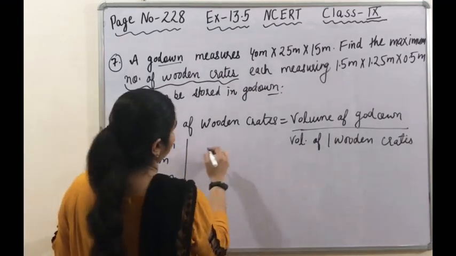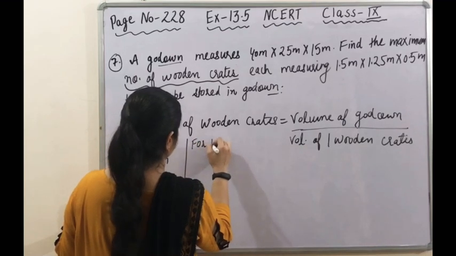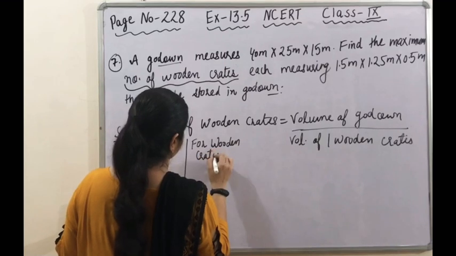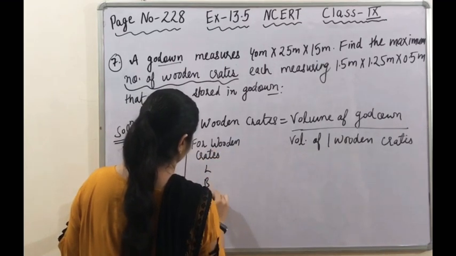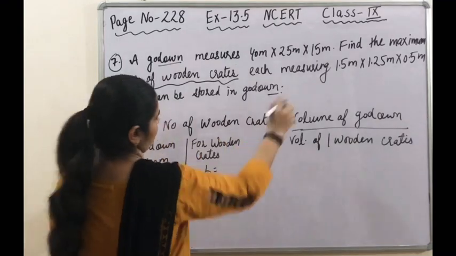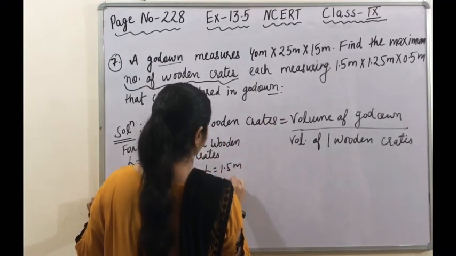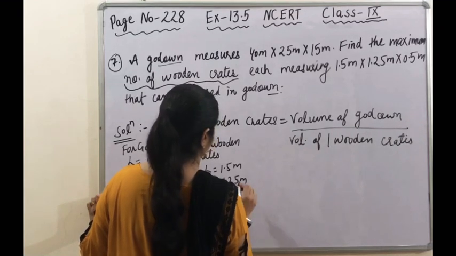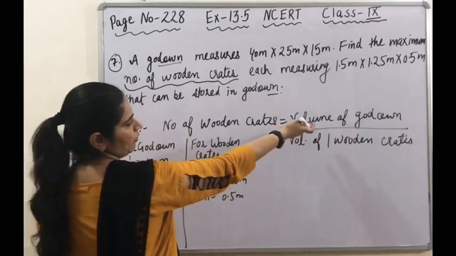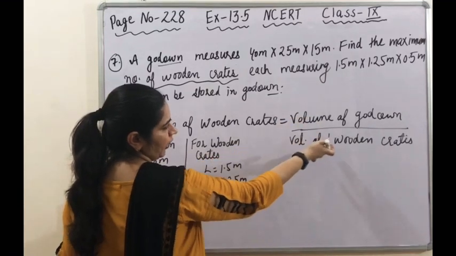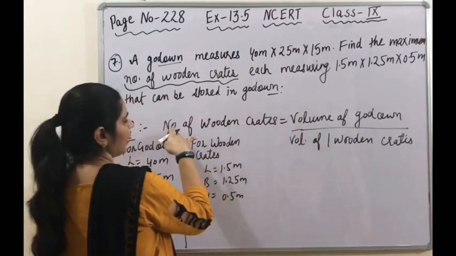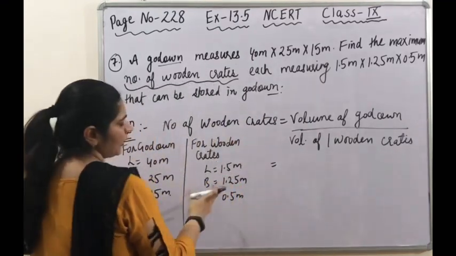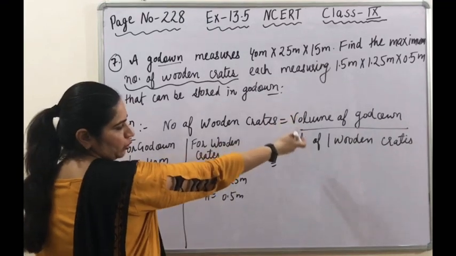And for the wooden crate, dimensions are given: 1.5 meter, 1.25 meter and 0.5 meter. We'll simply divide the volume of the godown by the volume of one wooden crate, and we'll be able to find the number of wooden crates. Here I am not showing the calculation work. Directly I'll substitute the values.